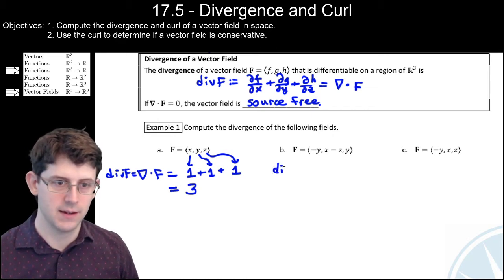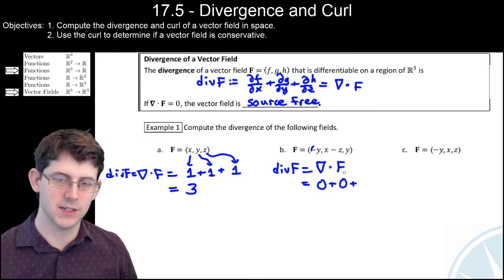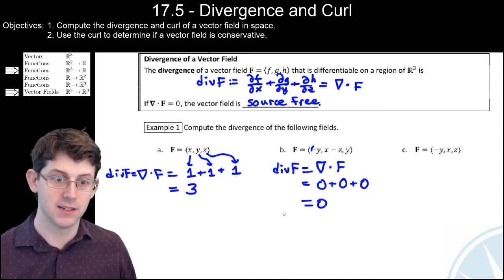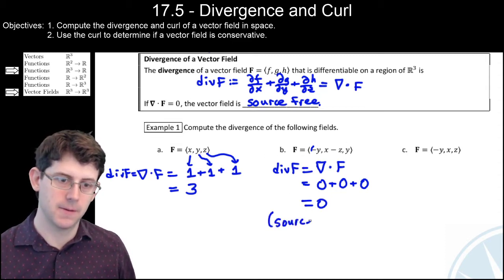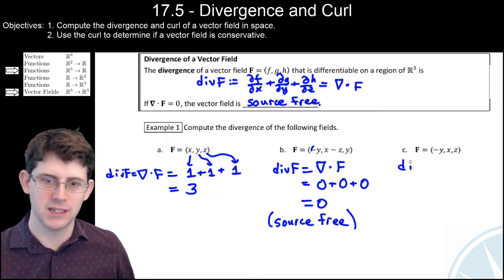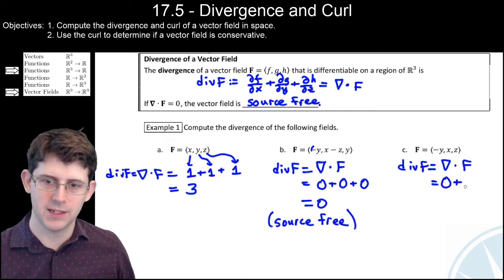Let's try this one. The divergence of F, which is del dot F, is the x partial derivative of the x slot, the y partial derivative of the y slot, and the z partial derivative of the z slot. Okay, this vector field is source free. For this one, the divergence, del dot F, is x partial of the x slot, y partial of the y slot, and z partial of the z slot.